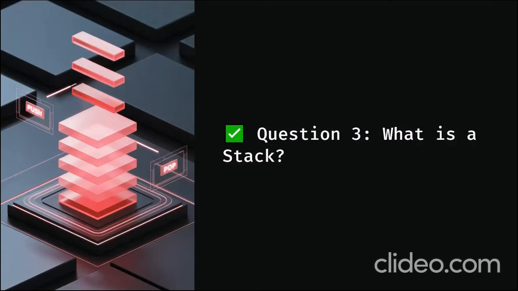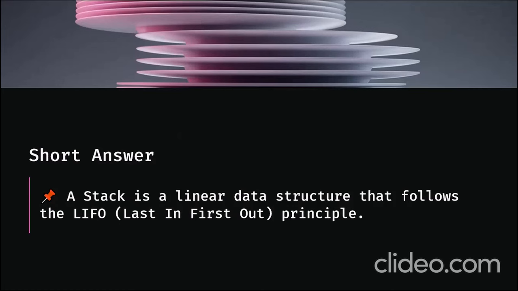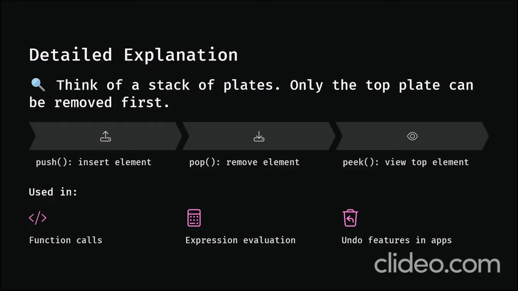The third question is, what is a stack? Your short answer in the interview: a stack is a linear data structure that follows the LIFO, last in, first out principle. For a detailed explanation, think of a stack of plates. Only the top plate can be removed first.